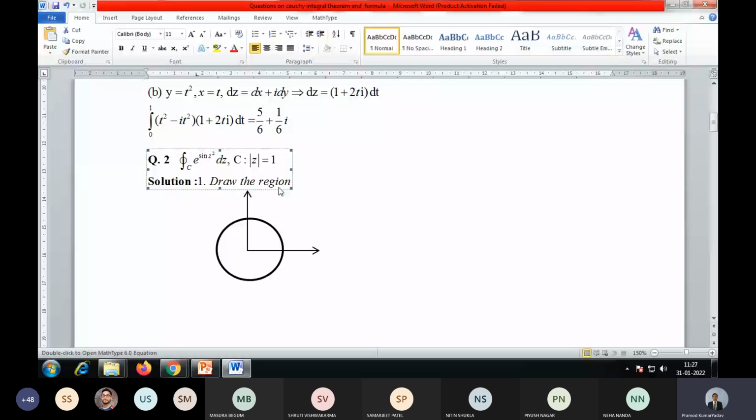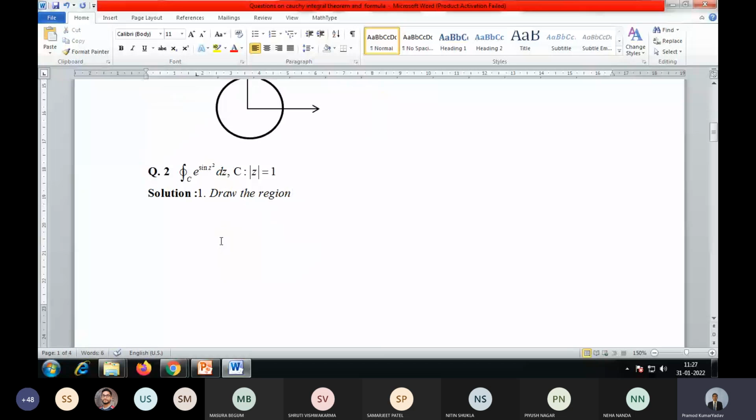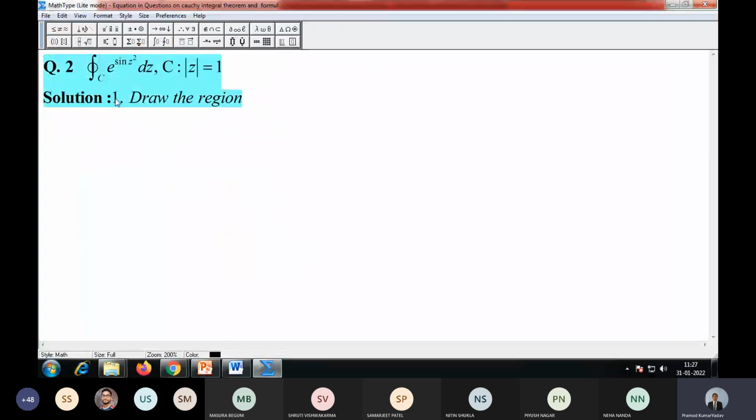Second point: find the points where f(z) is not analytic.